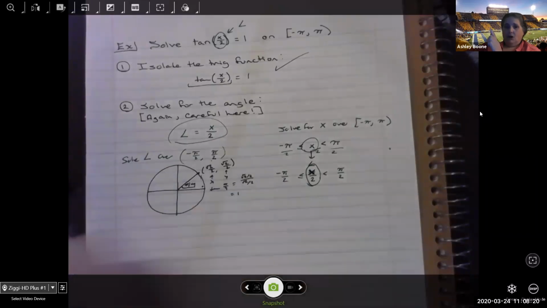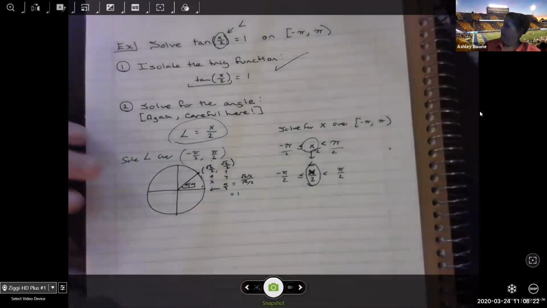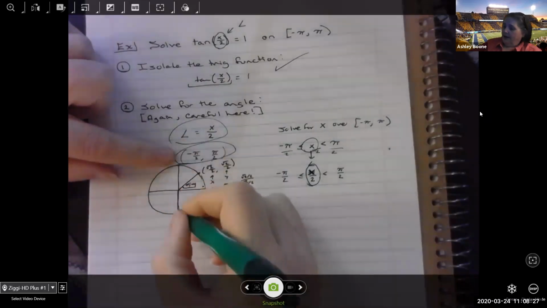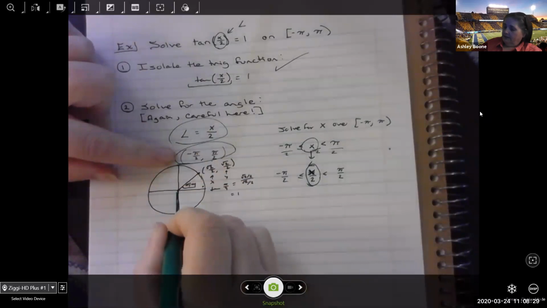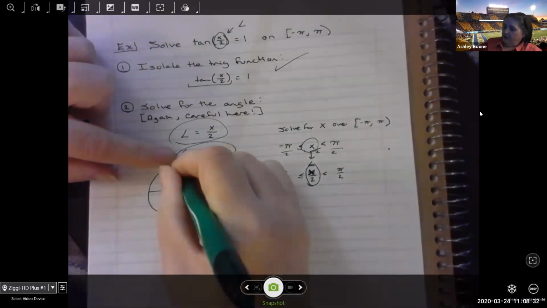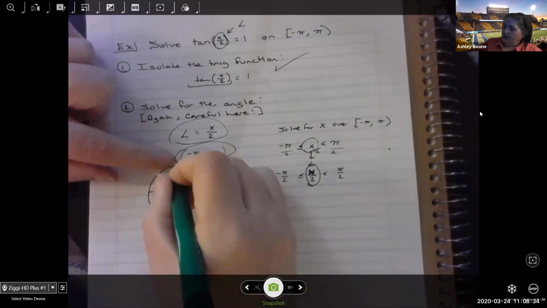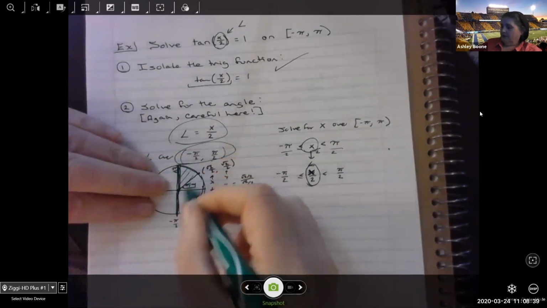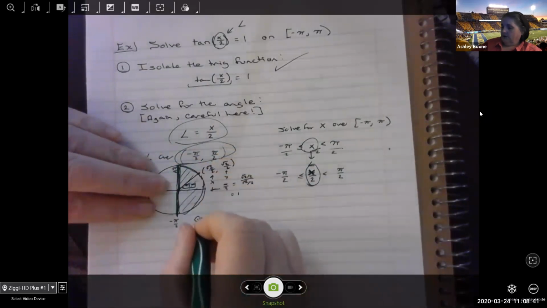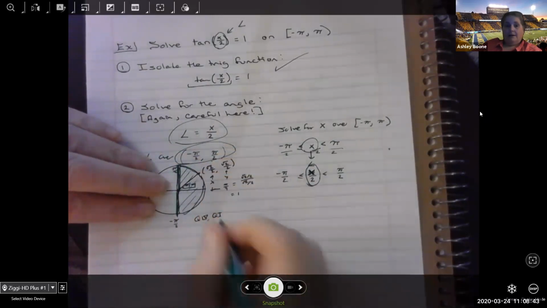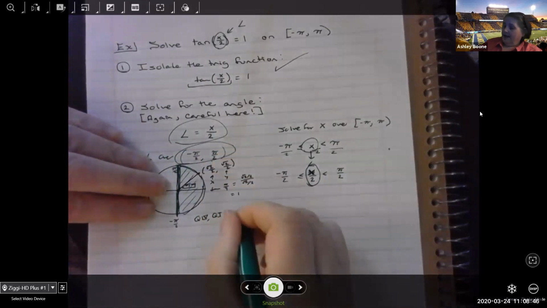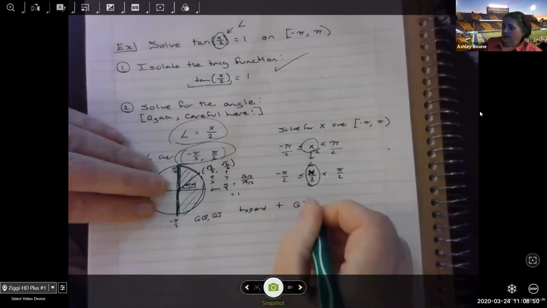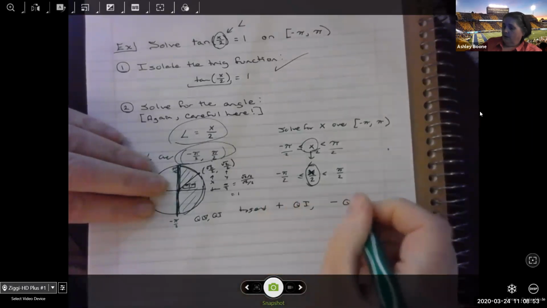But we're only wanting to go from negative pi over 2 to pi over 2. Negative pi over 2 is down here. Pi over 2 is up here. So we're only interested in this portion, quadrants 4 and 1. Tangent is positive in quadrant 1, negative in quadrant 4.